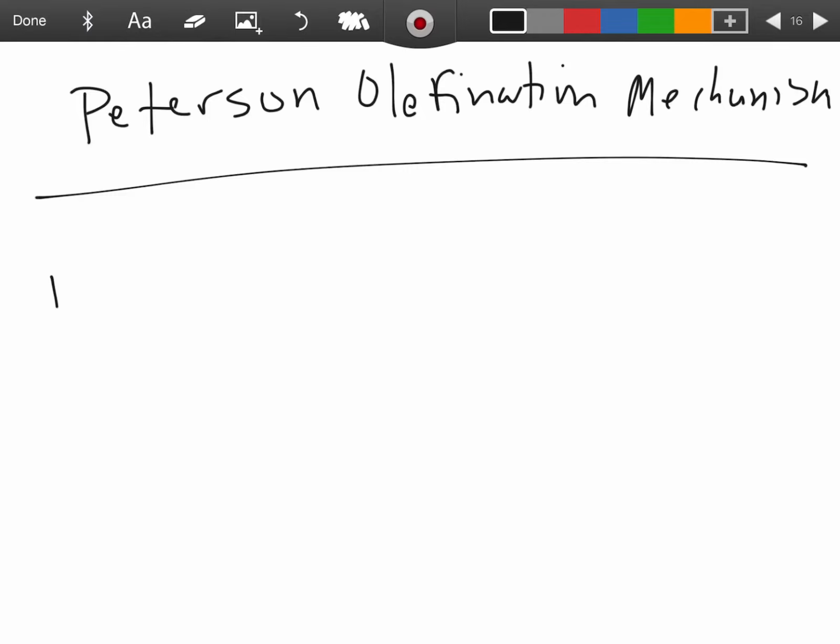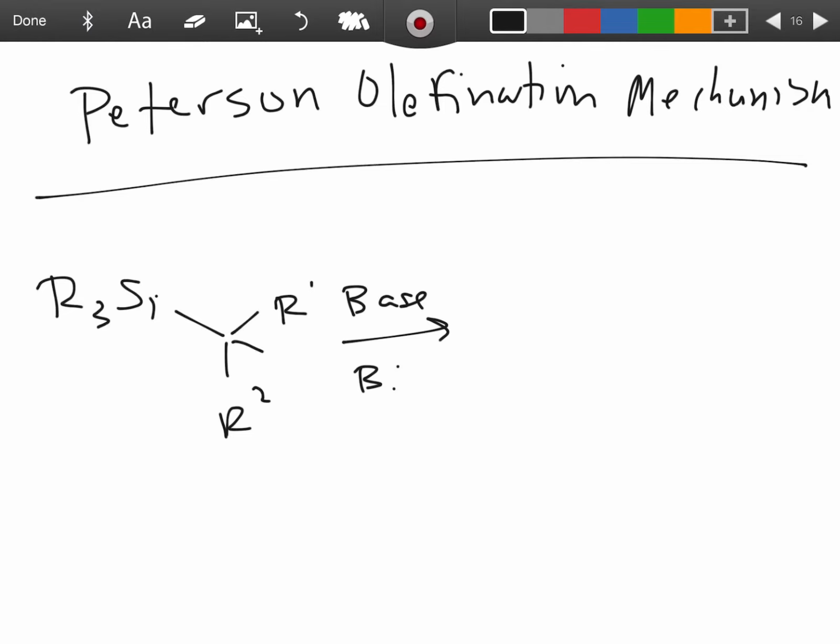All right, so it's going to work off the slides a little bit here. We're going to have our R groups on our silicon. We're going to treat this with a base, usually something like LDA or n-butyllithium, to make our alpha silyl anion.